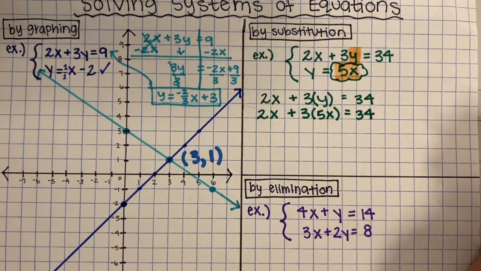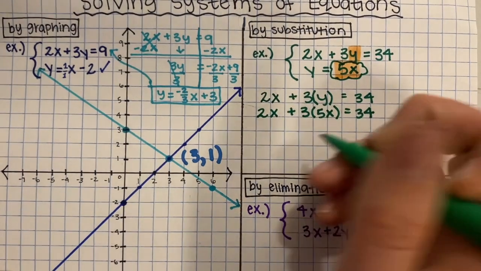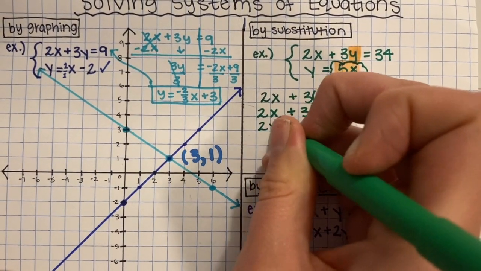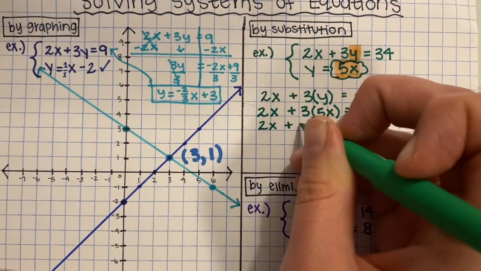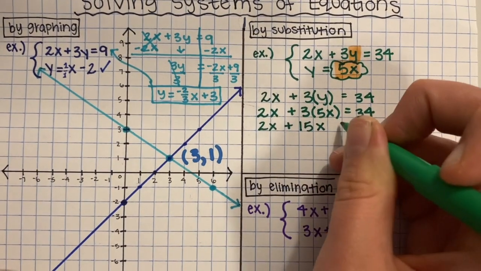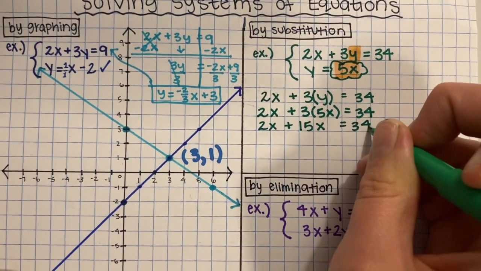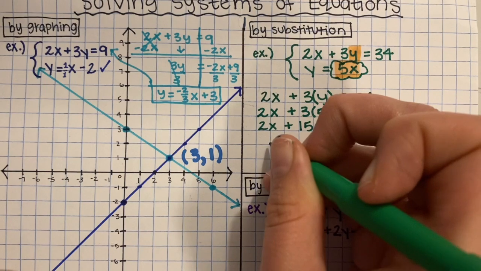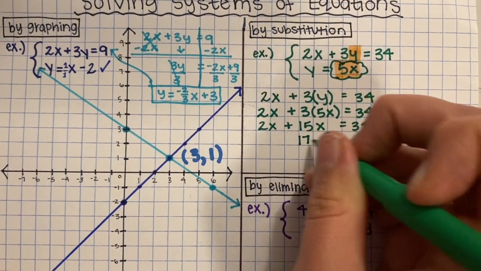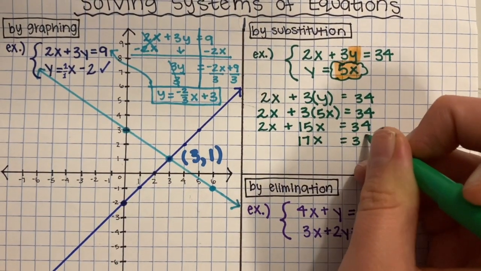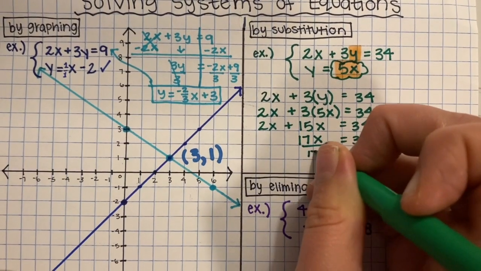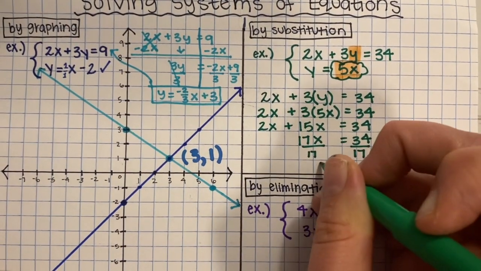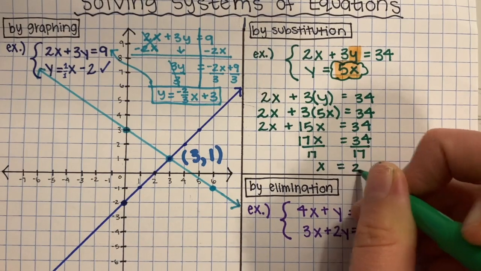And then I'm just going to solve for x. 2x plus, I need to distribute this 3, so 15x equals 34. I'm going to add these together because they are like terms, so I have 17x equals 34. I'm going to divide both sides by 17, and I'm going to get x equals 2.